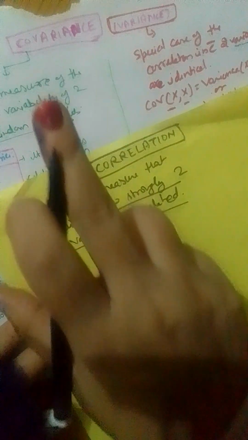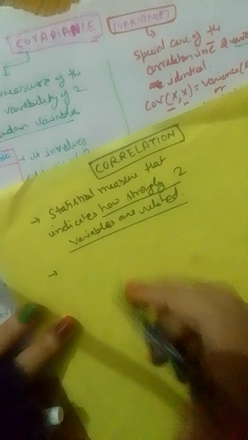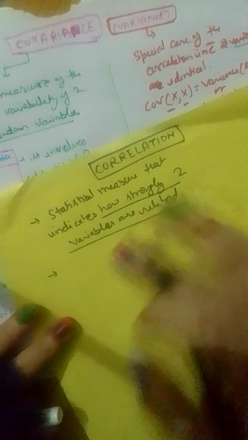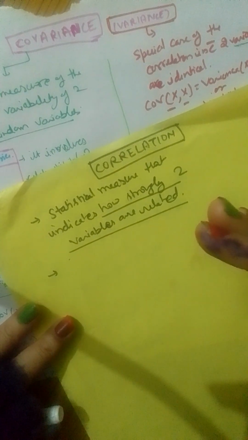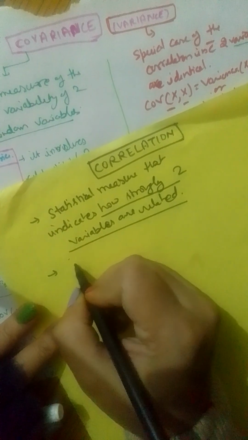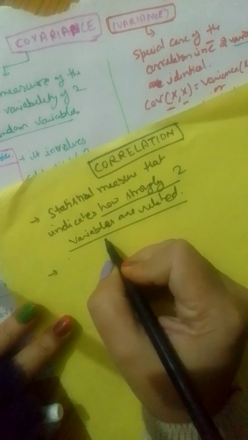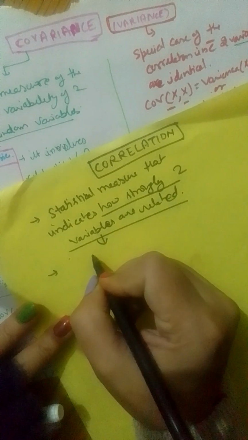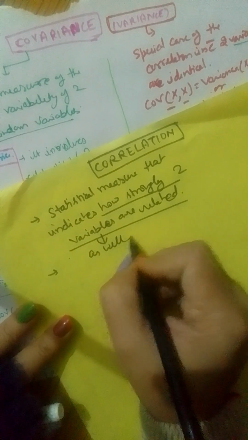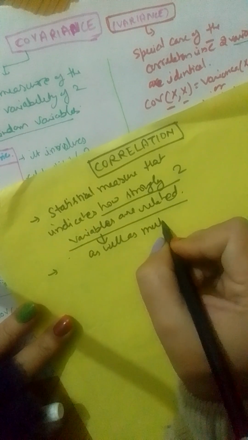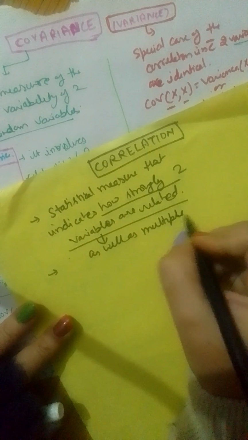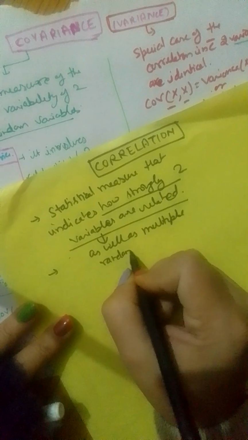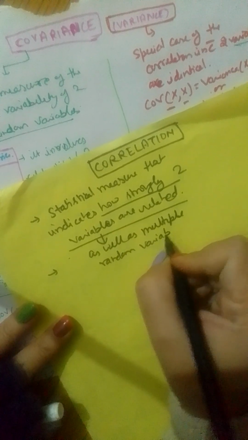In covariance we just take two random variables, but correlation can take two variables as well as multiple random variables. Fine.